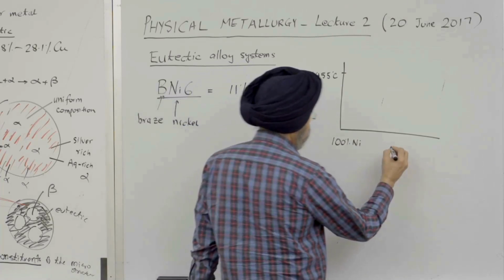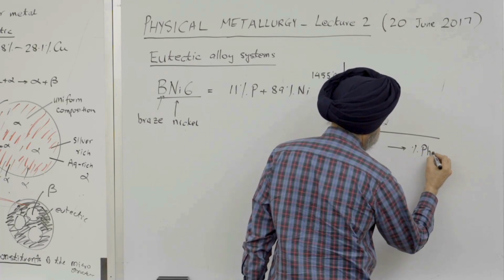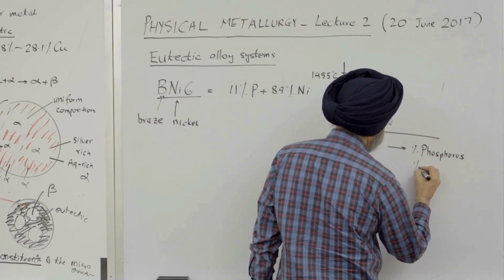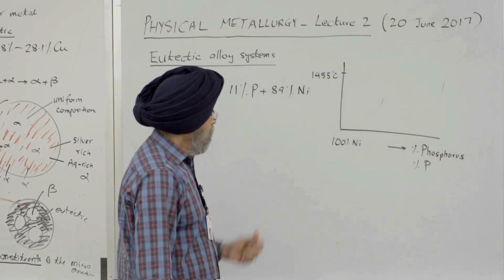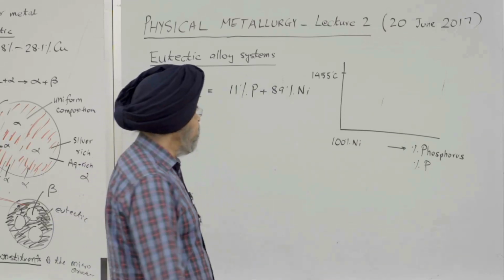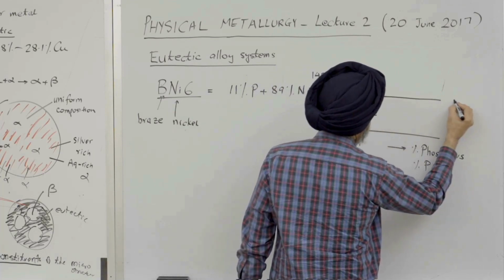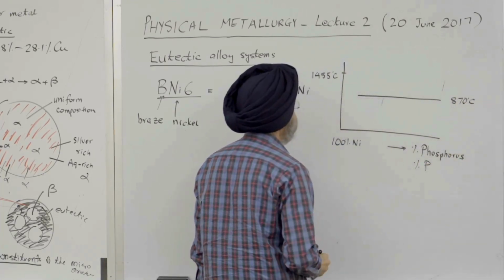And on this axis is percent phosphorus. We'll just call it percent P. The eutectic is at 870. So let's draw the 870 degrees C line over here.